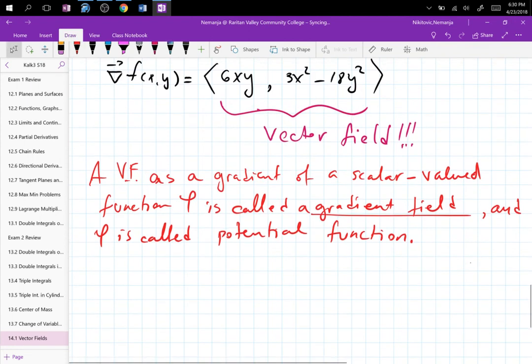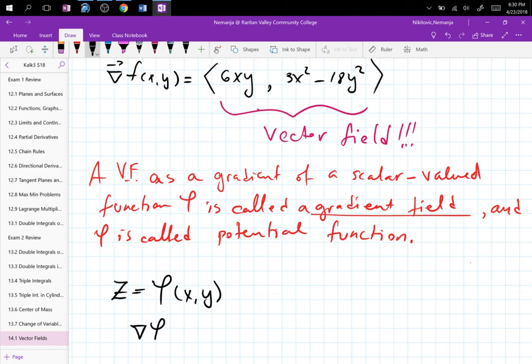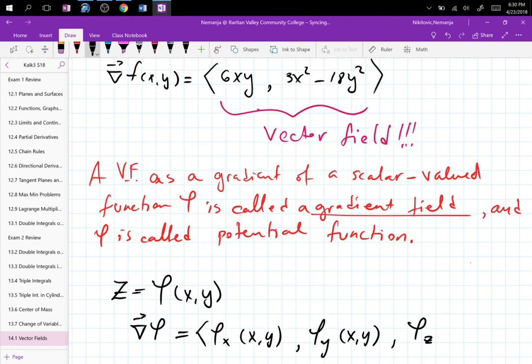So now we can go quickly to notation. So z is equal to phi of x and y. You can add z if you want to. And then we find the del phi, which is a vector. It's a vector field. We have phi x computed at x, y, phi y computed at x, y, and phi z.